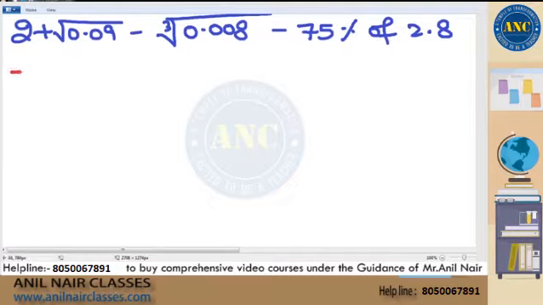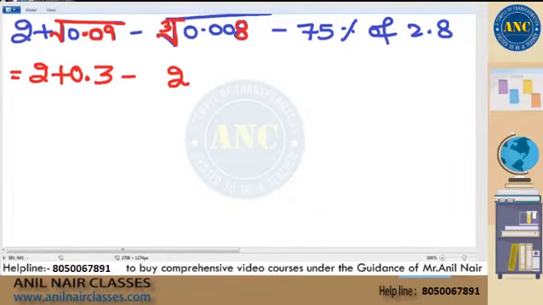Forget about the decimal in 0.09 square root. What is square root of 9? Square root of 9 is 3. Inside the square root, after 2 places there is a decimal point. Outside the square root, after 1 place there should be a decimal point. Cube root of 8 is 2.